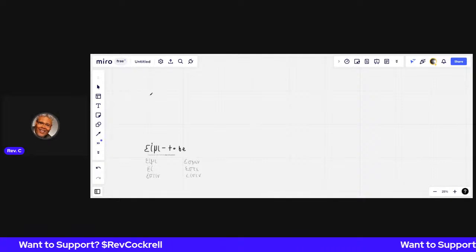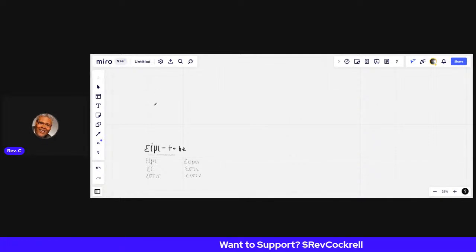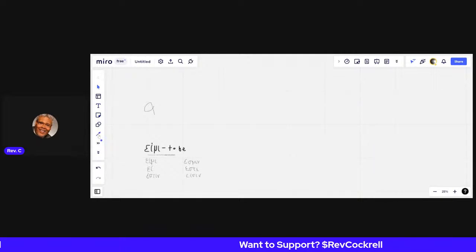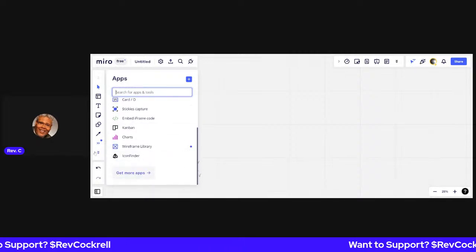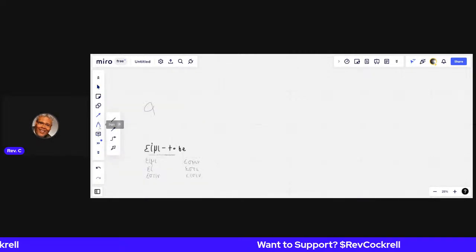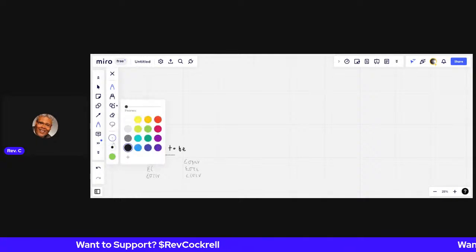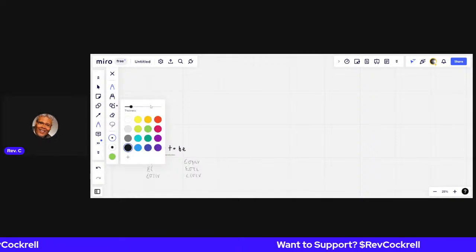Again, I'm going to try to write it as best I can with this little clicker I have here. So we know we got alpha. Let me make that a little bit bigger. There we go. All right, so we got alpha.